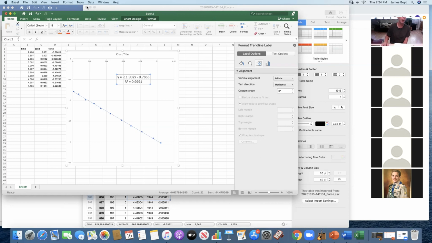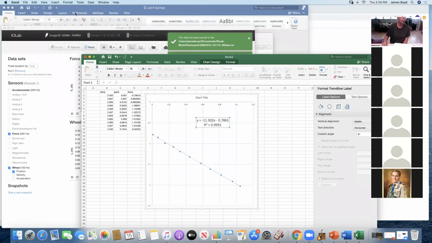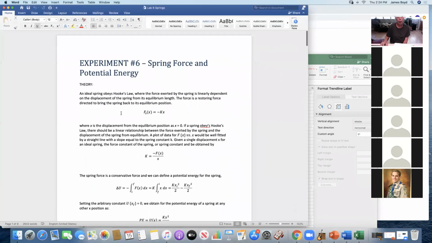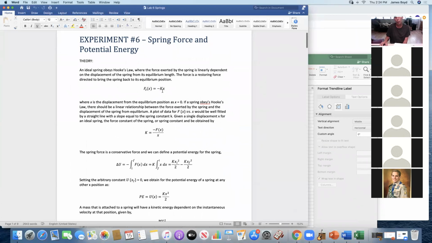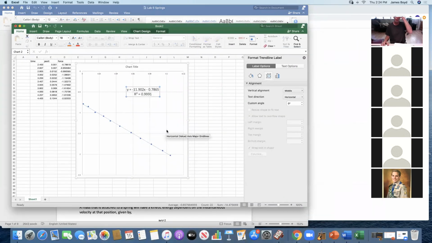And if we go back and we look at our force law, it is negative kx. So k, the slope, is negative f over x. And that means on my graph, my spring constant is 11.9. I have an R-squared value of .9991.